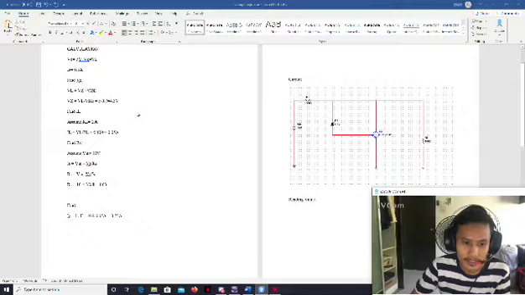Next, we must find the IL. We are assuming RL is 100 ohm, so IL will be 0.05 ampere. Next, we must find the RS. We are assuming Vin is 10 volt.